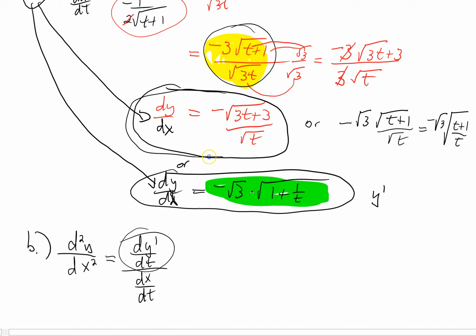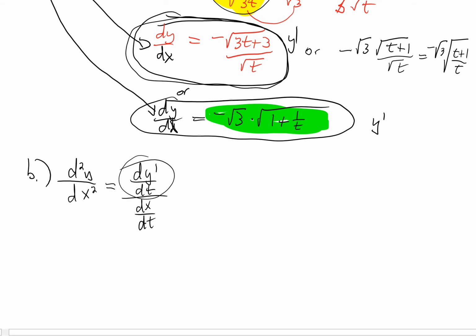I could go with this answer in the middle for y prime right here and say, hey, I'm going to take my derivative with respect to t. I'd need a quotient rule. If I've got this form in green, maybe that would be the way to do it because I can avoid the quotient rule. Let's see what we get.